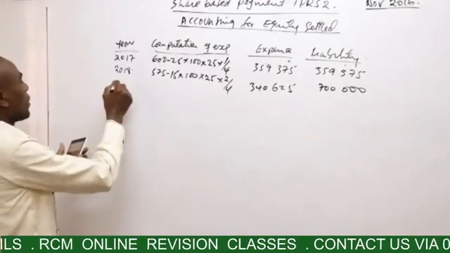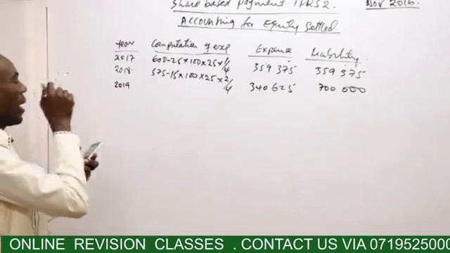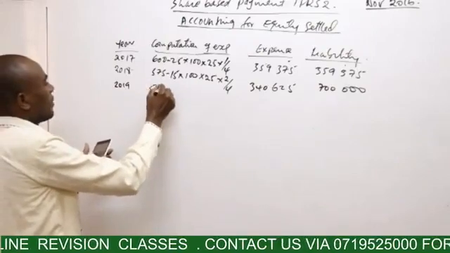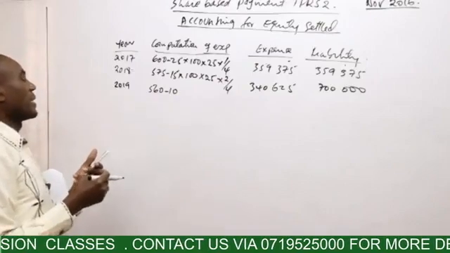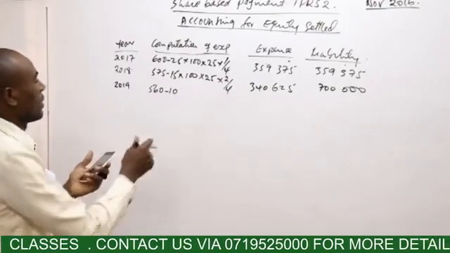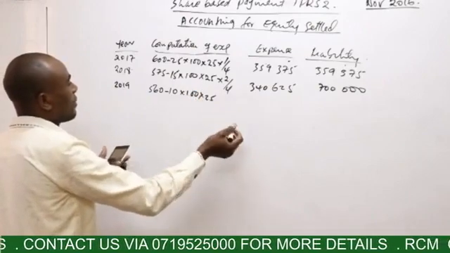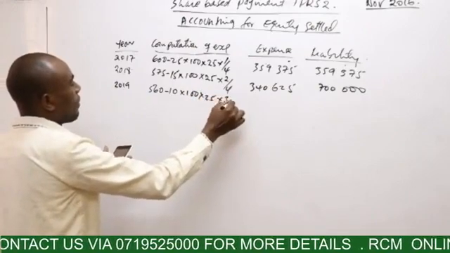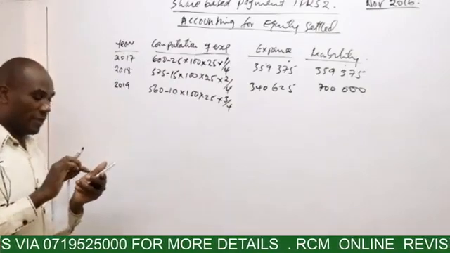Then we move on to year 2019. In 2019, now we have 560. Then 10 employees leave during year 2019. Times the 100 times 25. Then times 3/4, because we are in year 3.